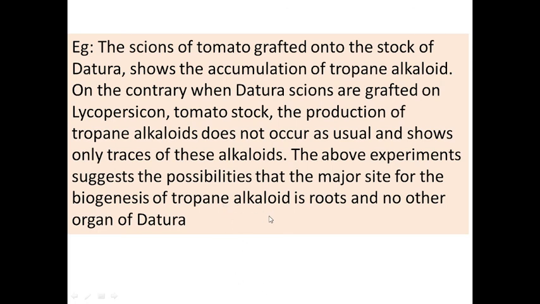From that we can tell this is the site for biogenesis of propane alkaloid in that particular plant. So elucidation of a particular biosynthetic pathway is investigated by this grafting method, and the major site of biogenesis of a particular secondary metabolite can also be determined by using this grafting technique.